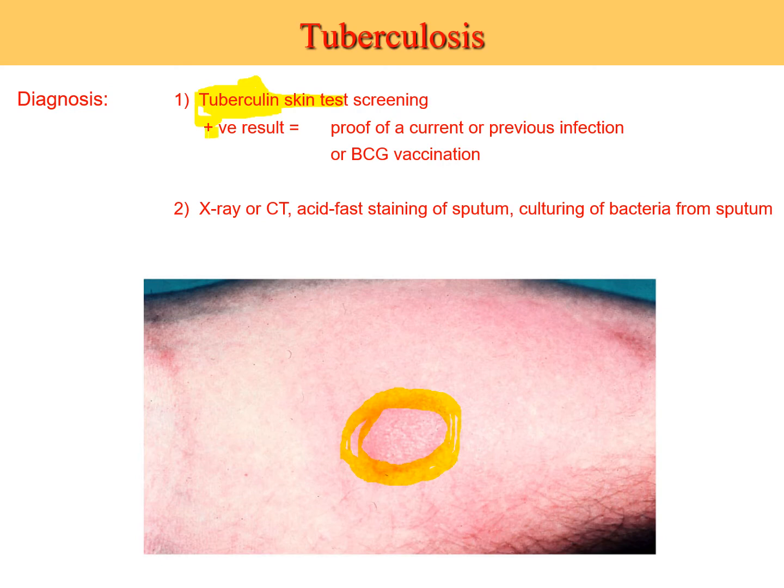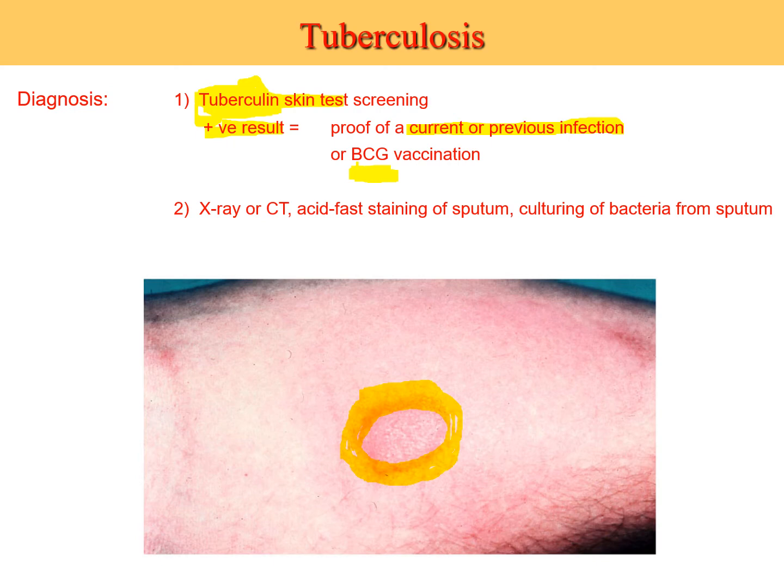The positive test is an inflammatory response at the site where you had this needle scratch and the material put on your skin. That may be proof of infection, previous or current, or previous BCG vaccination, because if you did get a BCG vaccination, then you were immunized and you would respond to this kind of testing.